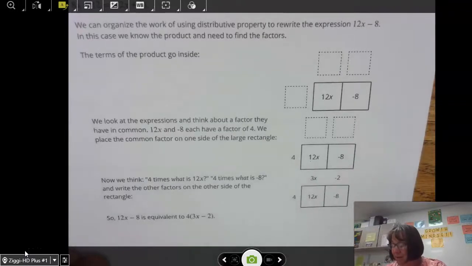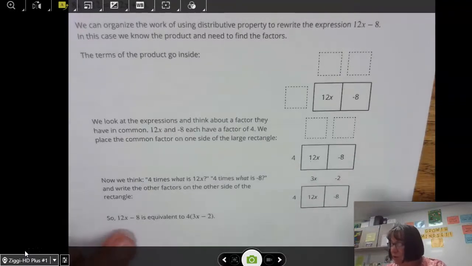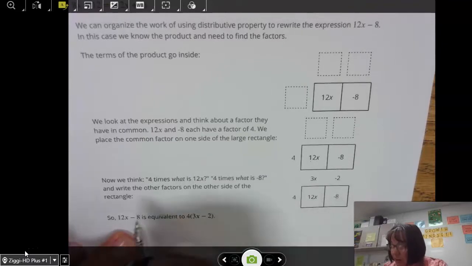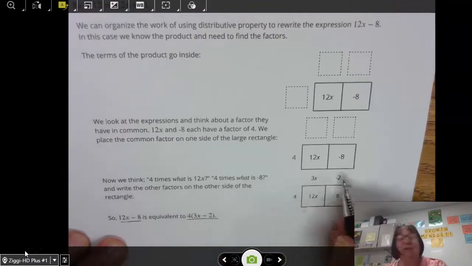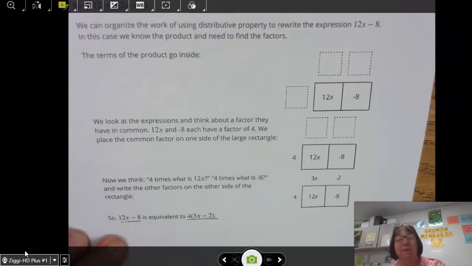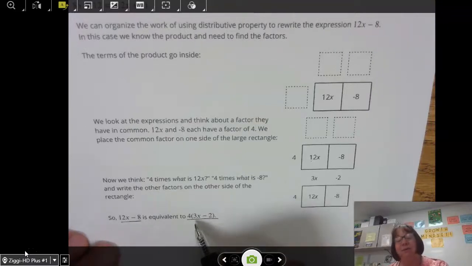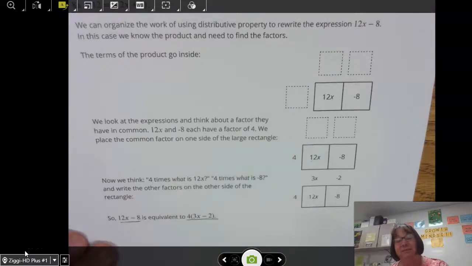That's another way to think of that. So 12x minus 8 is going to be equivalent to 4 times 3x minus 2. So this is called factoring when you bring a factor on the outside.